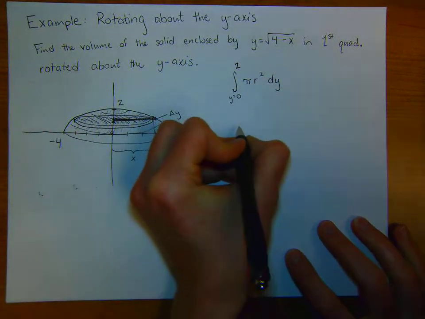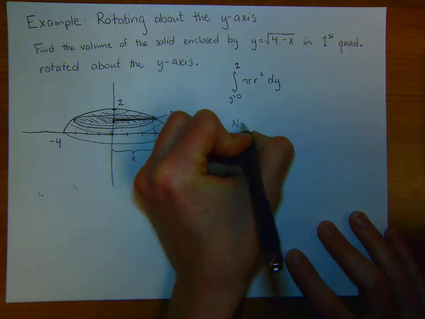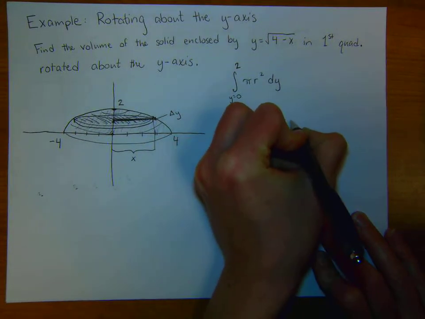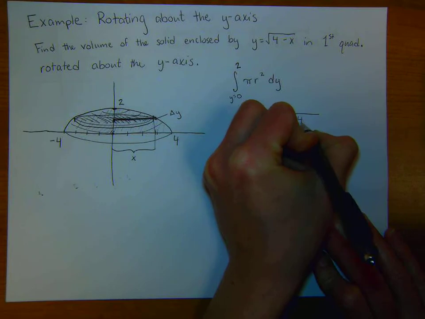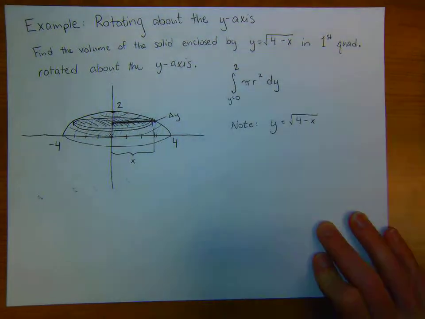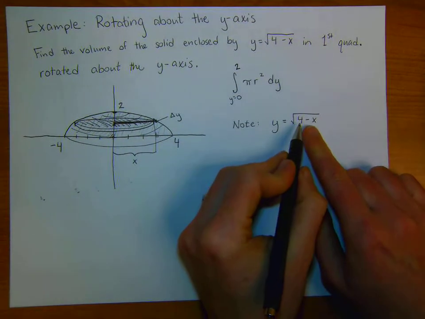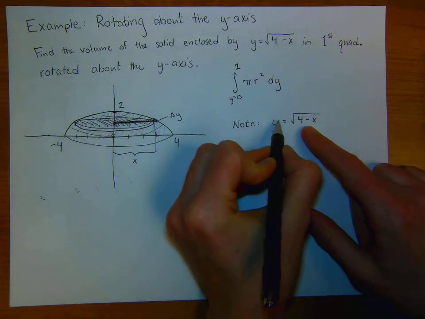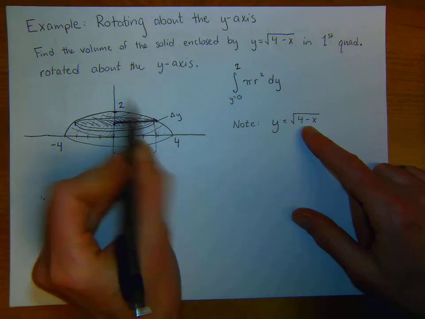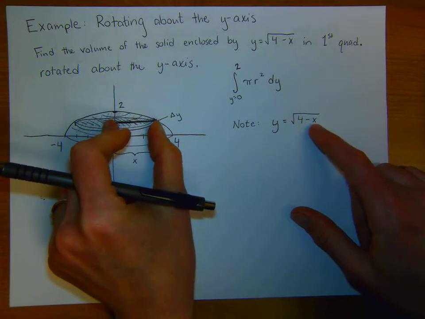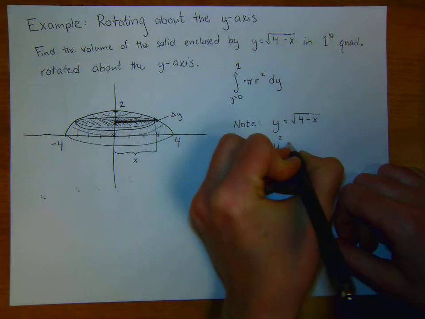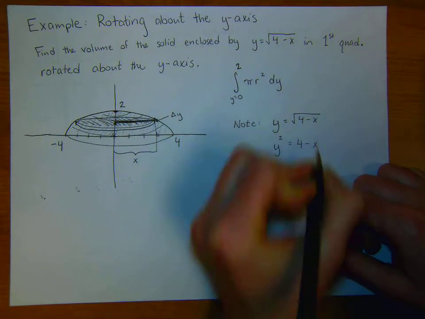And the way to do that is with this function. So maybe my scratch work, we know that y is equal to the square root of 4 minus x. But this function is not the right function because I can't just plug in what the radius is. The radius is an x value. I don't have that written in terms of y, so I need to solve and rewrite this as y squared equals 4 minus x.